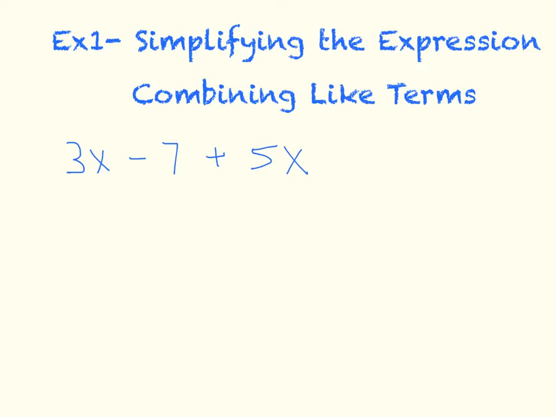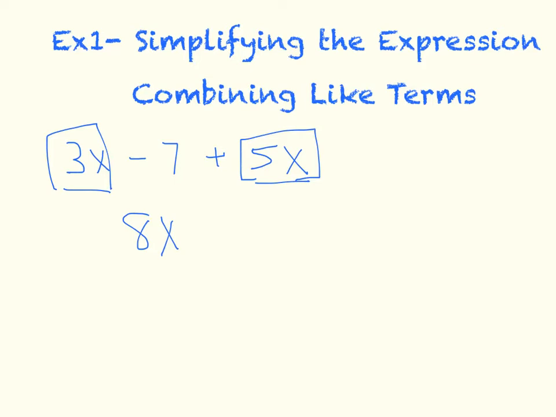So in this problem, 3x and 5x have identical variable parts. So what we do is we combine these two. Since we have a positive 3x and a positive 5x, we can put them together and we get 8x.